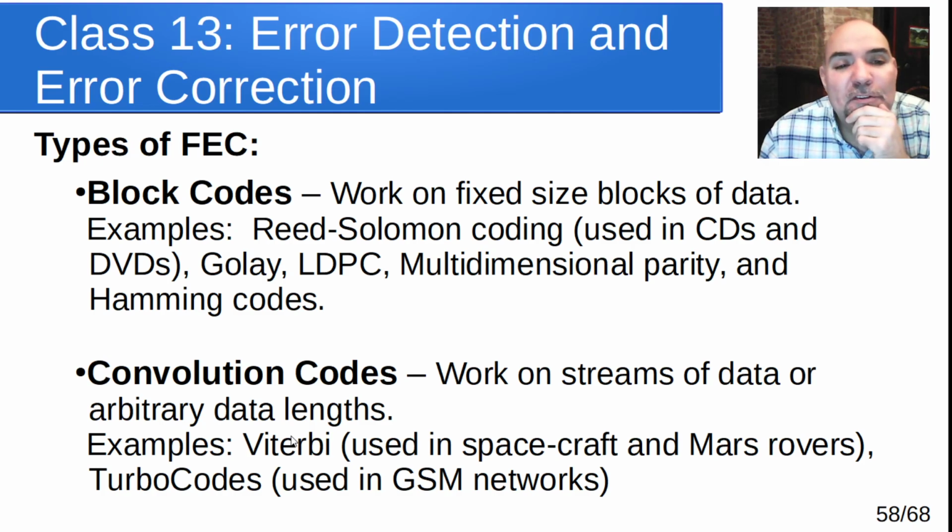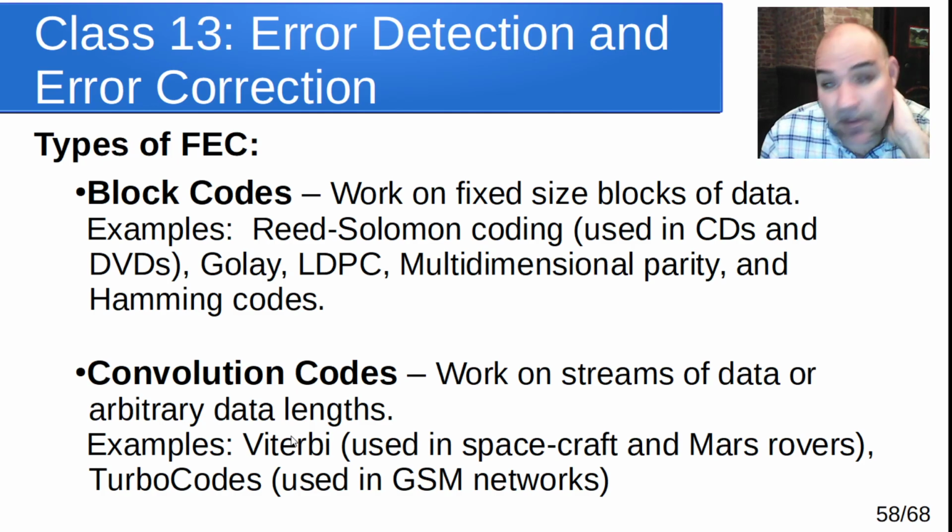All right, now there are several types of forward error correcting code. One is called a block code, which works on fixed size blocks of data. Examples of that are Reed-Solomon coding, which is used in CDs and DVDs, Golay, LDPC, which is low density parity check, multi-dimensional parity and Hamming codes.